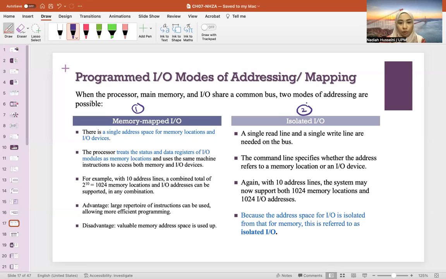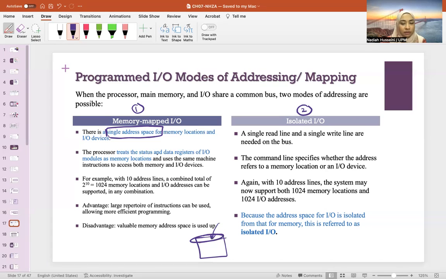Now, what I want you to know here is that for the memory mapped I/O, you only have a single address space, a single one, for both the memory location and I/O devices. Basically, you have your memory register, and one of these contains both the address of memory and I/O device.